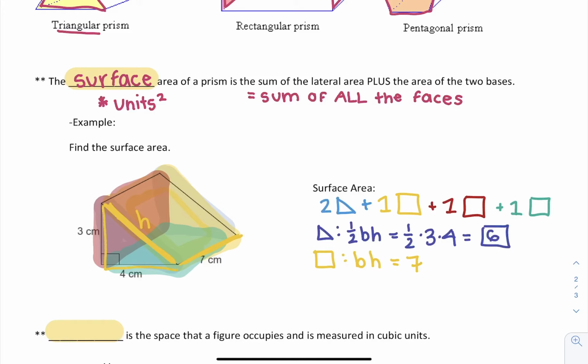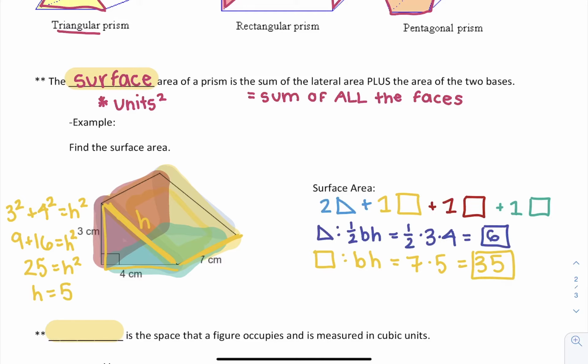If we have a right triangle, we can use the Pythagorean Theorem. So 3 squared plus 4 squared equals h squared, which means 9 plus 16 is h squared, which means 25 is h squared. Finally, we figure out our height is 5. We multiply by 7 to get 35.